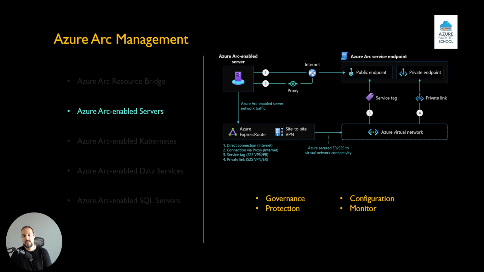Next part is Azure Arc enabled servers, which is very, very useful, and you can use it in different ways, not only for monitoring, but also for many other ways.